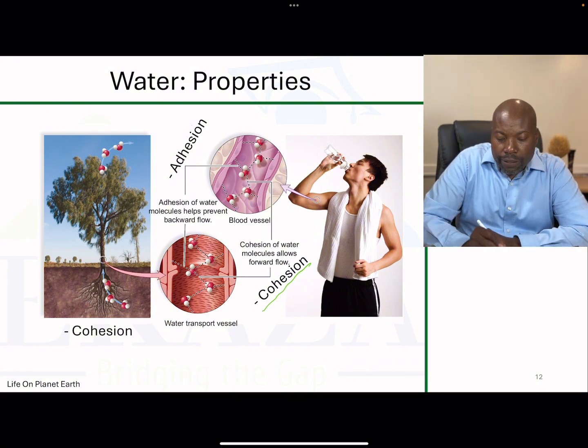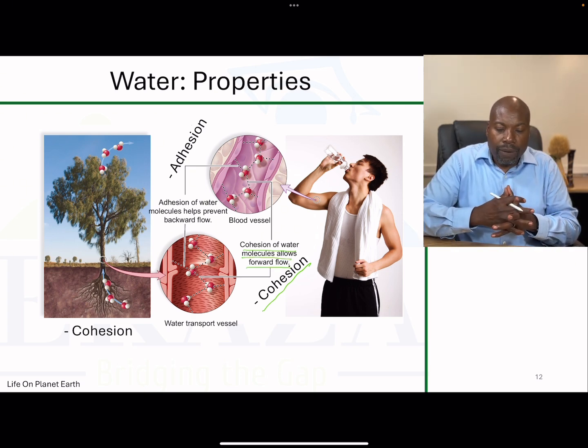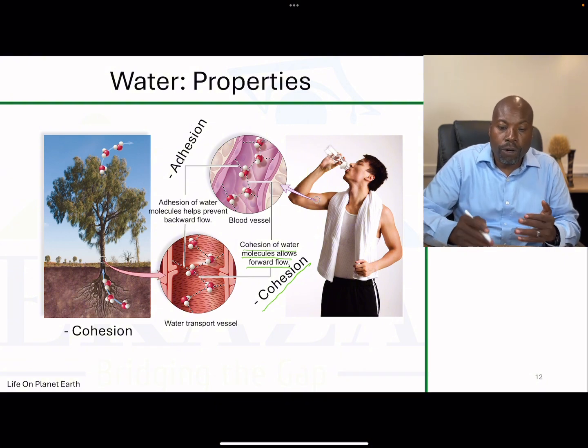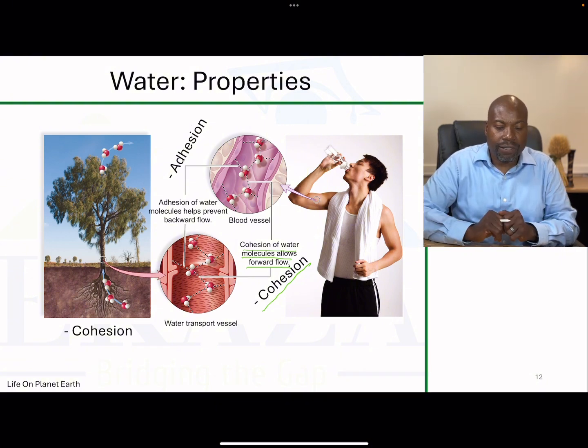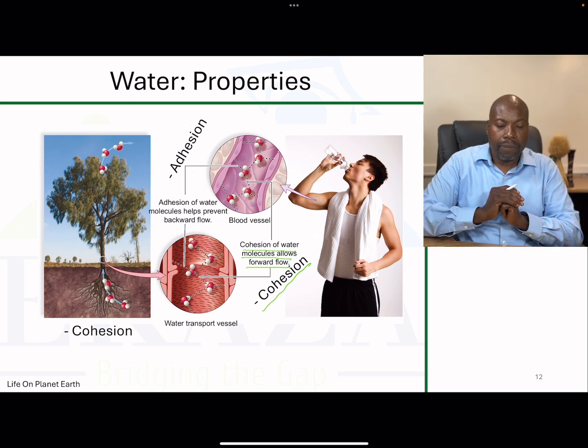Now, cohesion, again, is water molecules attracting each other, right? As they attract each other, they are going to work toward a forward flow. But let me close that parenthesis. Water also interacts with structures around it, right?